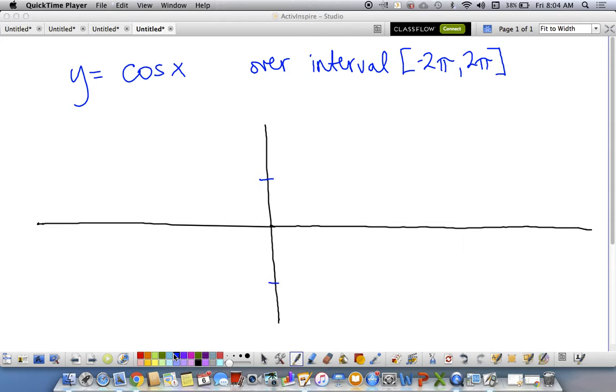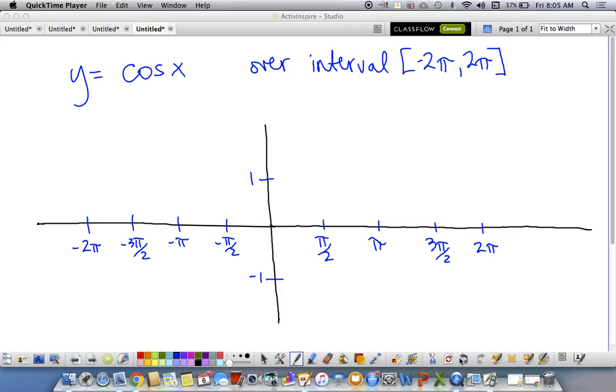What's it going to go up to? What's it going to go down to? And where does cosine start?